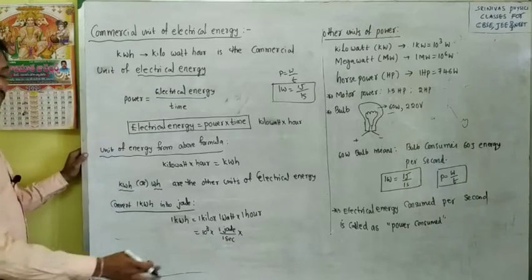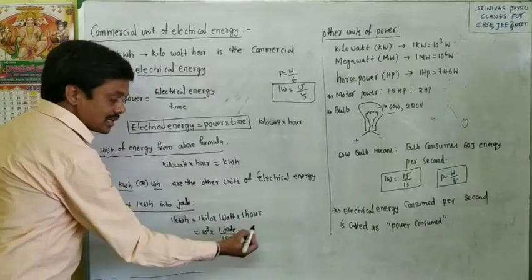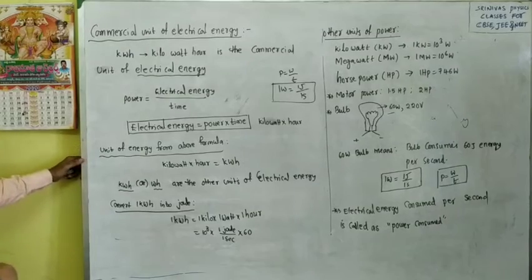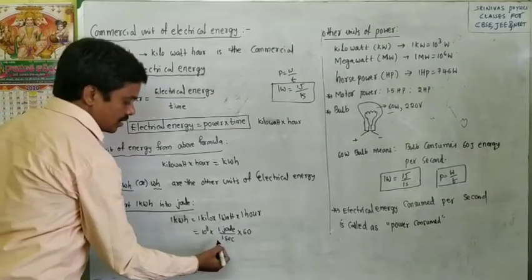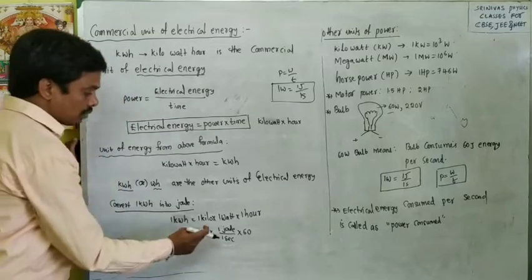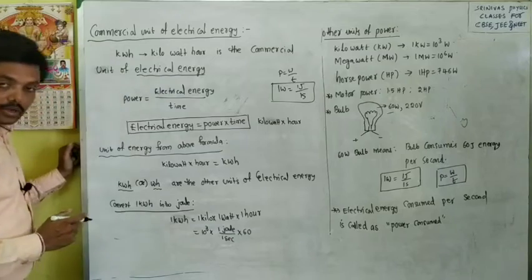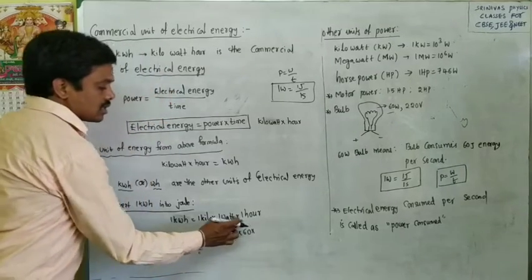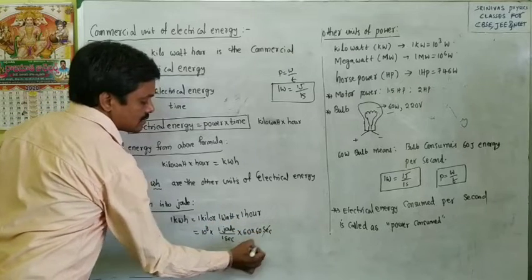1 hour also we can convert into seconds. To convert 1 hour into minutes we have to multiply with 60. And next, to convert minutes into seconds, one more 60 is there, 60 seconds. The seconds will cancel.